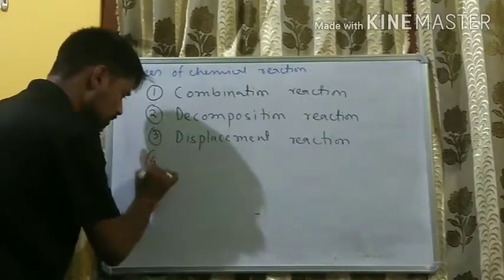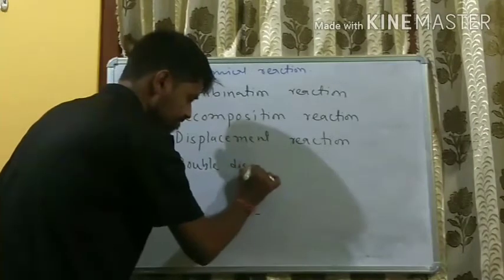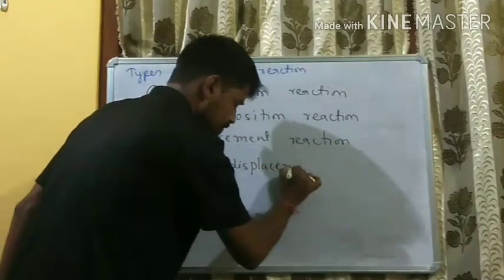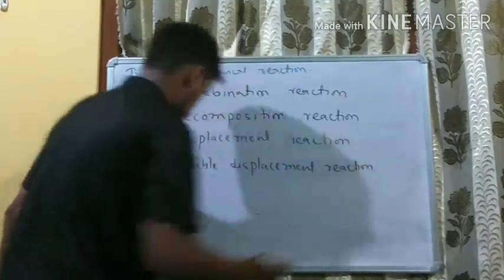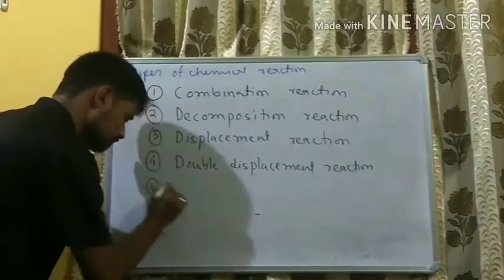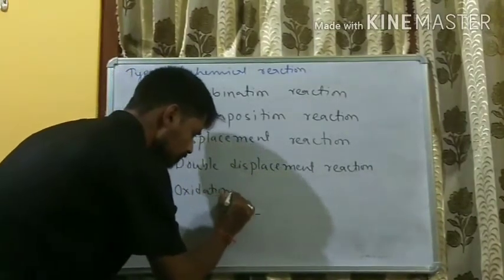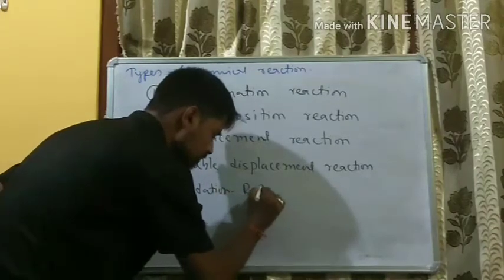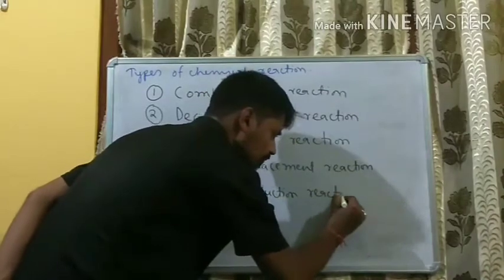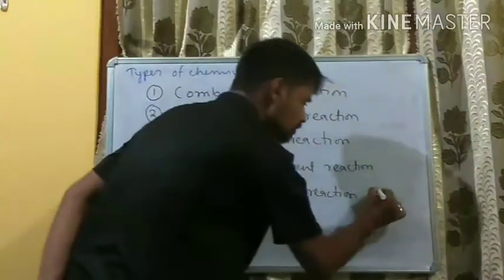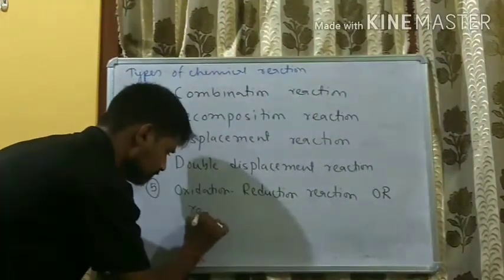reaction number 4, double displacement reaction, and reaction number 5, oxidation reduction reaction, or this reaction is also known as redox reaction.